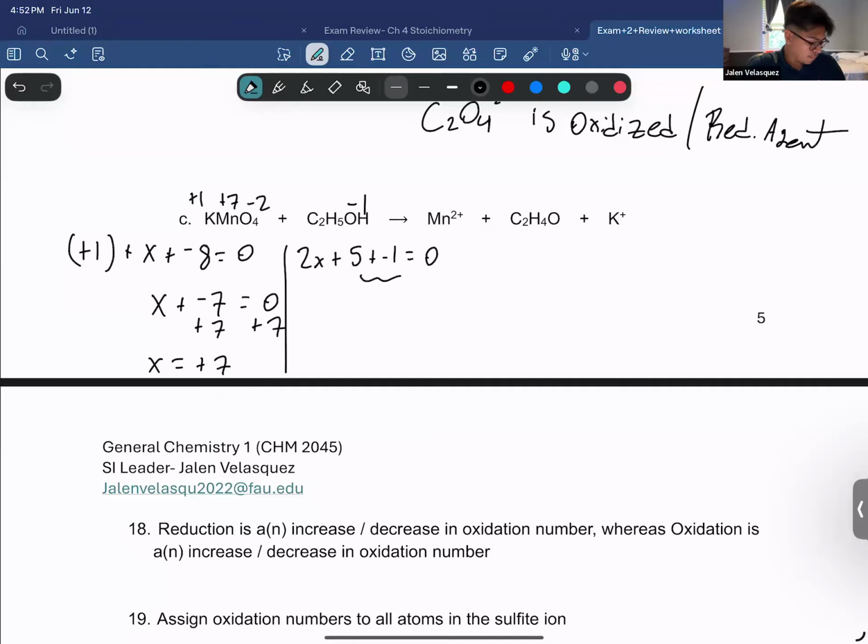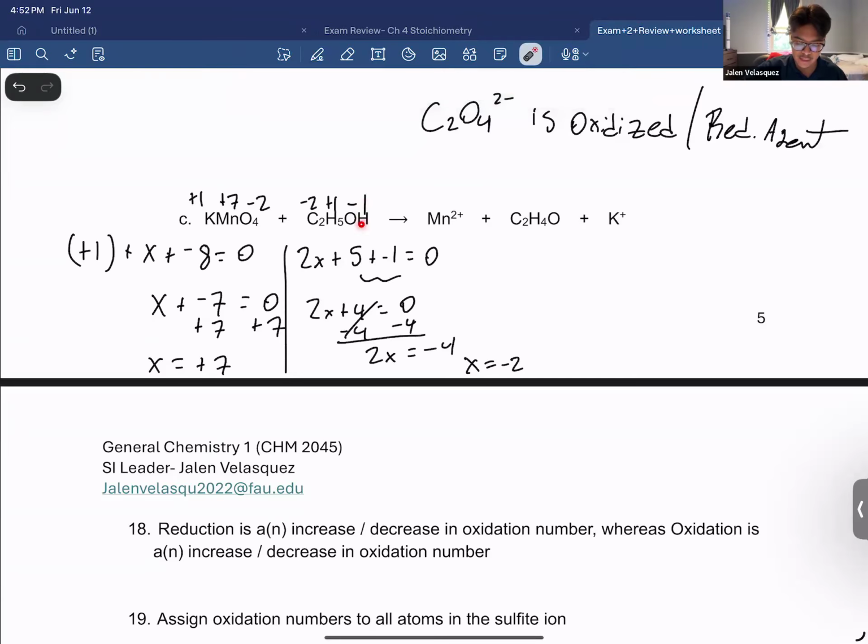So we'll say 2x plus 4 is equal to 0. Bring the 4 over. 2x is equal to -4. Solve for x equals -2. So carbon is -2, hydrogen is +1, and the OH hydroxide is -1.